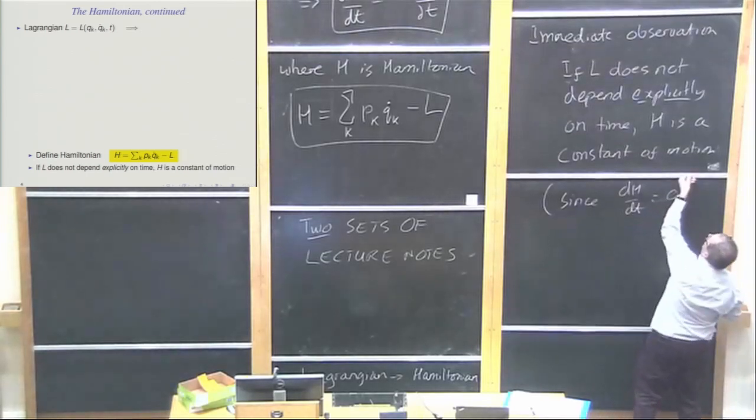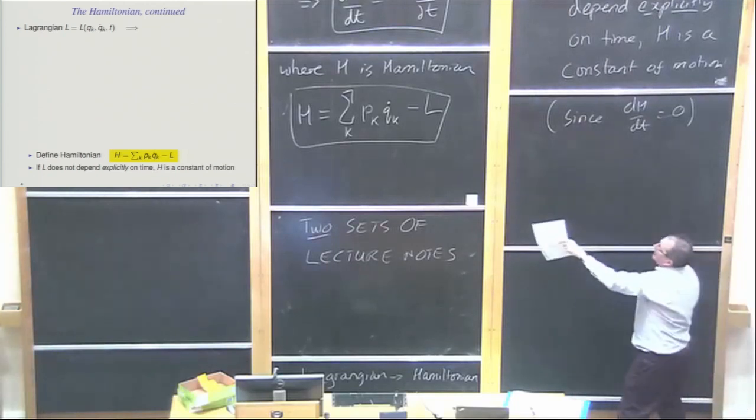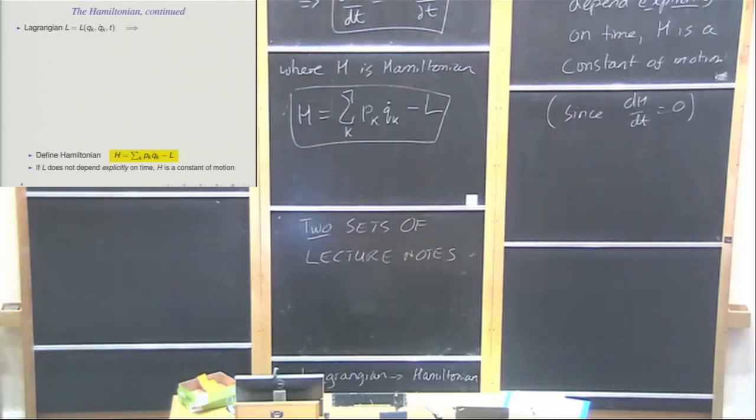Okay, so that is already, I think you'll agree, useful. If we can calculate what this is, then we might find out that it's constant for many, many circumstances, and that is conceivably useful.